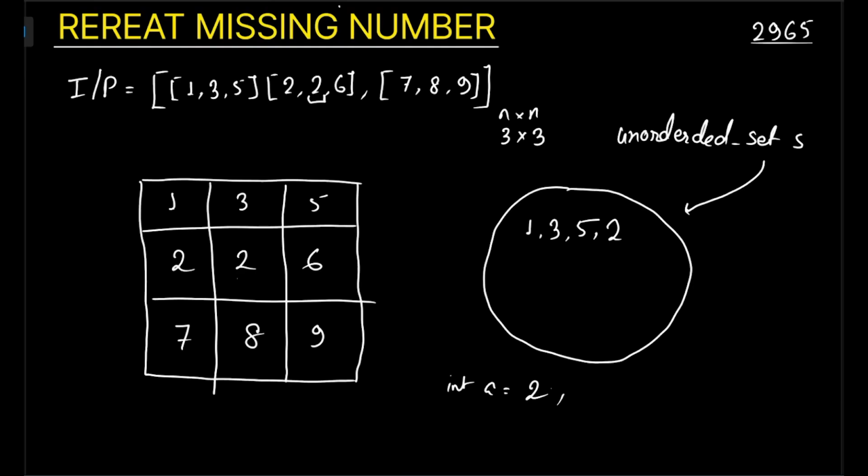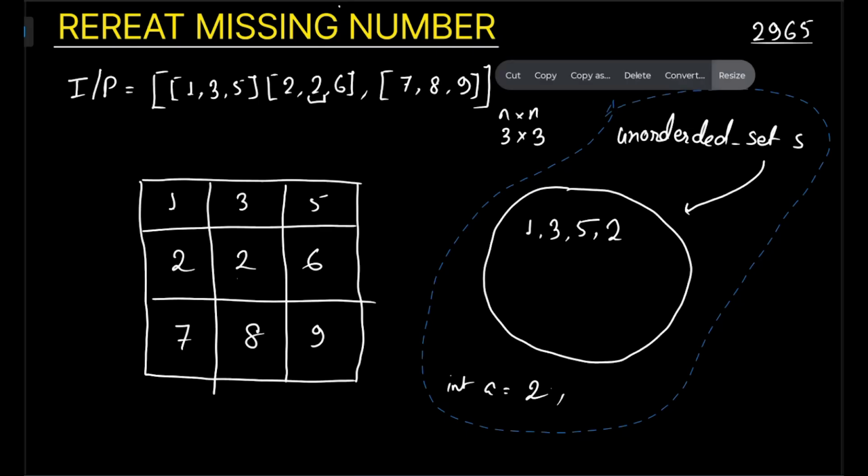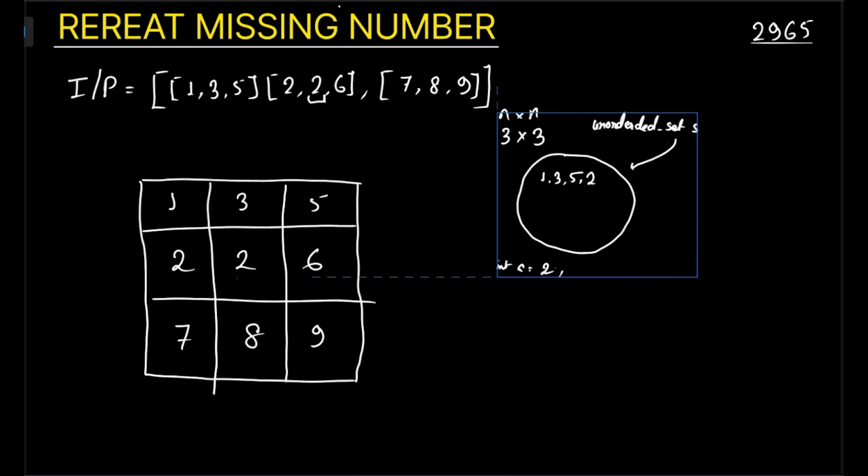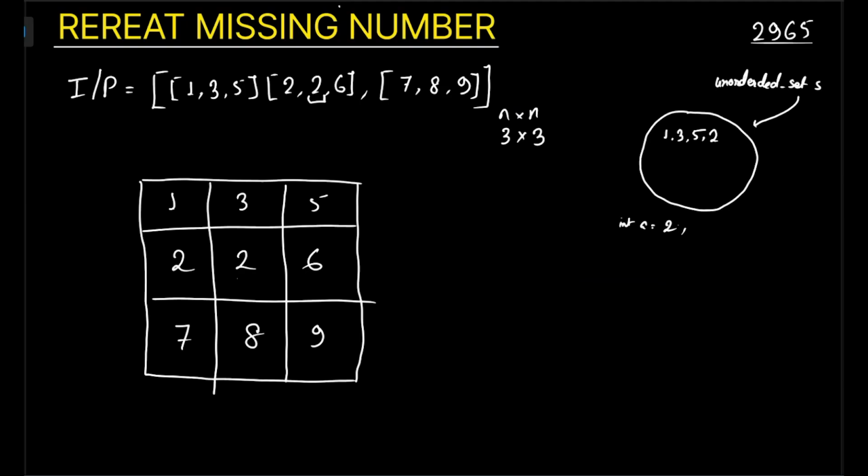To check the missing number, we first calculate the expected sum. What is the expected sum? Sum of 1, 2, 3 up to n square.